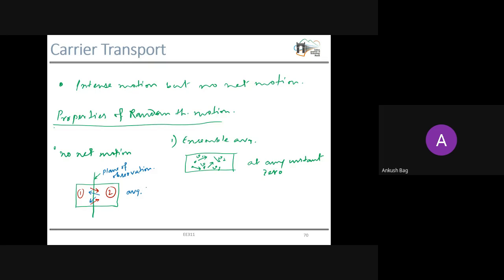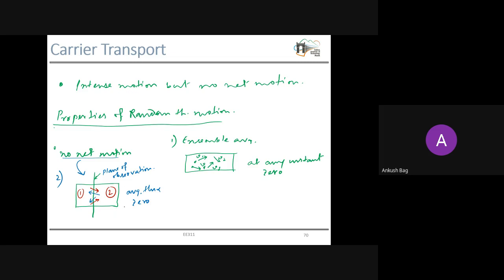So the average flux will be 0. This is the same concept, no net motion, interpreted in a second way. And this concept we can use to understand or explain drift-diffusion carrier transport.